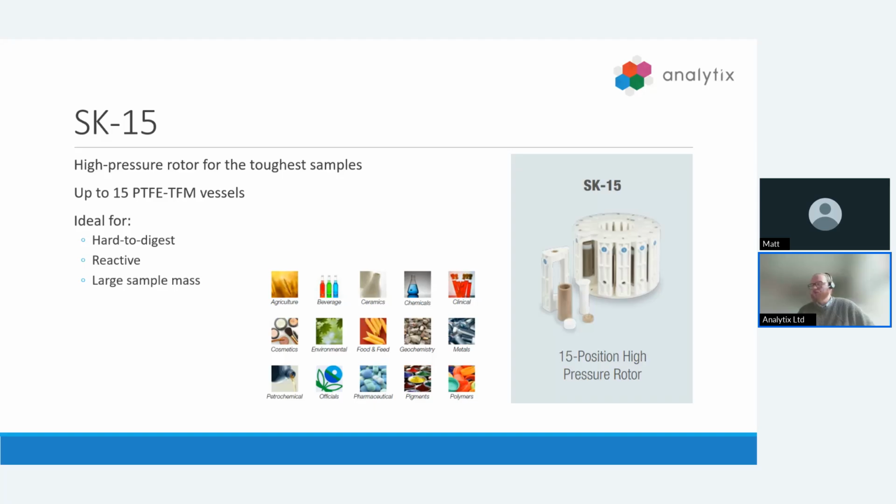Then moving to the SK rotor, we have the SK15, which is a rotor capable of operating at high temperatures, typically around 220 degrees. And this rotor can handle the pressures generated when you're working at those temperatures with a maximum working pressure of 100 bar.